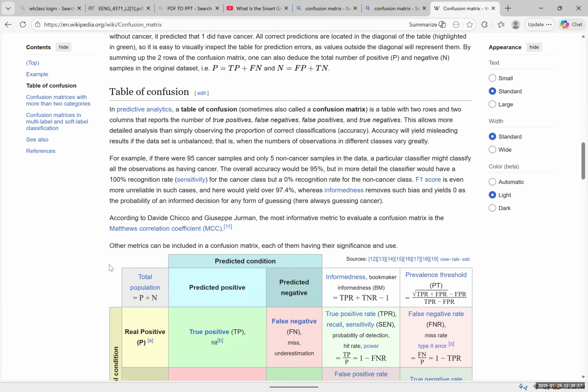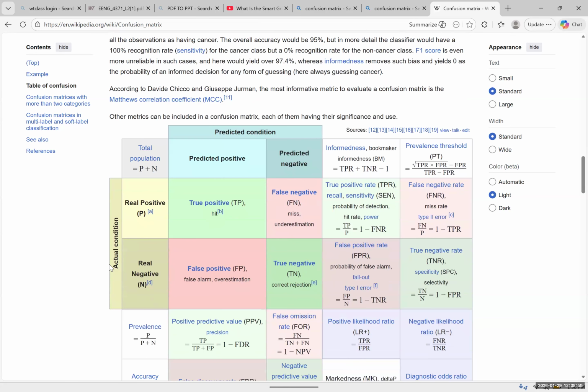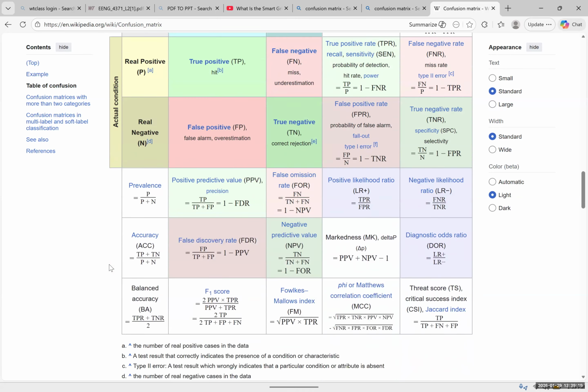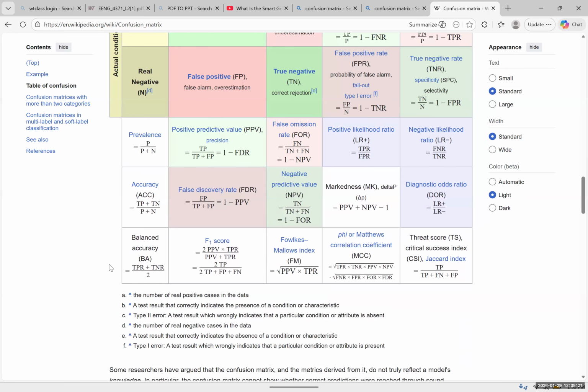So for sensitivity, and these are the equations for it, by the way, meaning how sensitive the test is and how specific it is. And sometimes they measure sensitivity and specificity with prevalence as well.